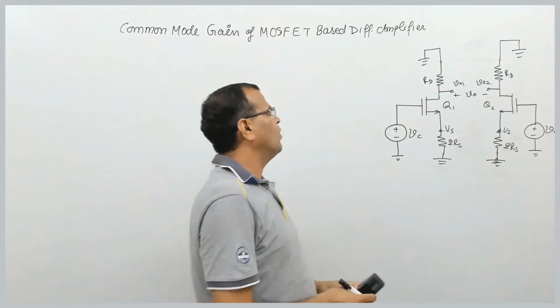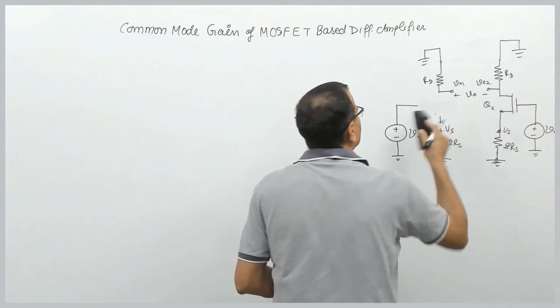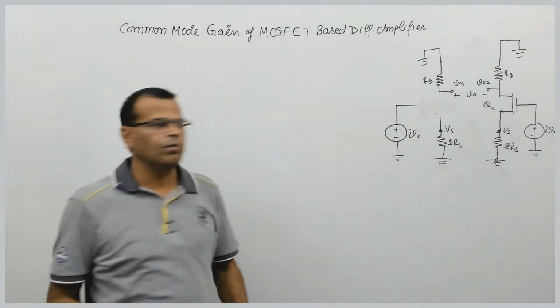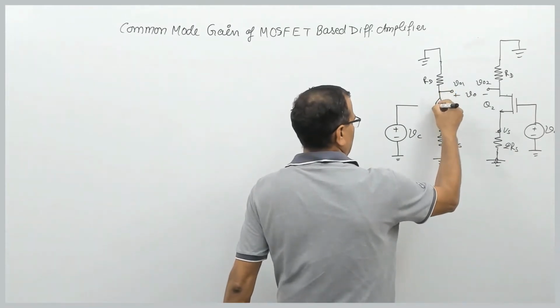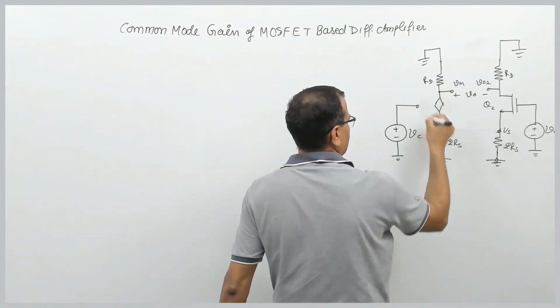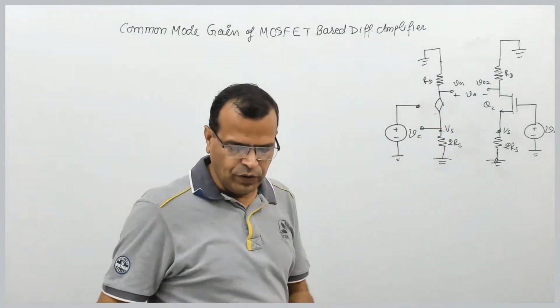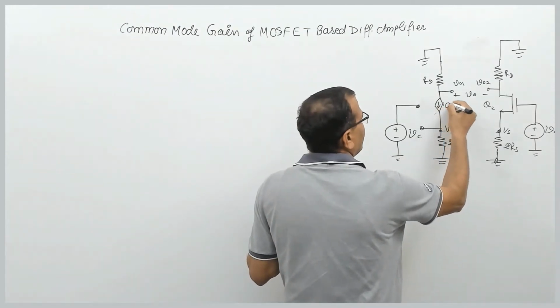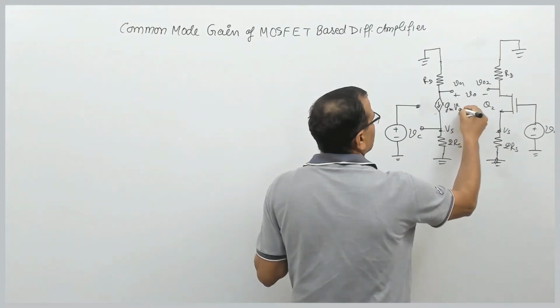So for small signal analysis, what do we do? We replace the MOSFET of the circuit by its small signal model like this. I will be replacing it by neglecting resistance, that is R0.